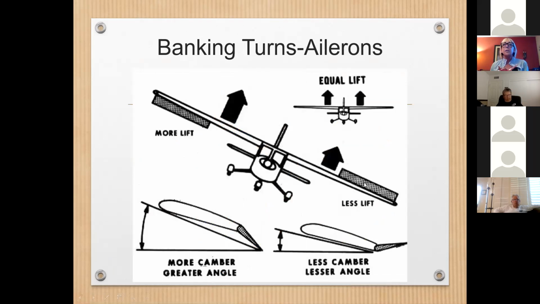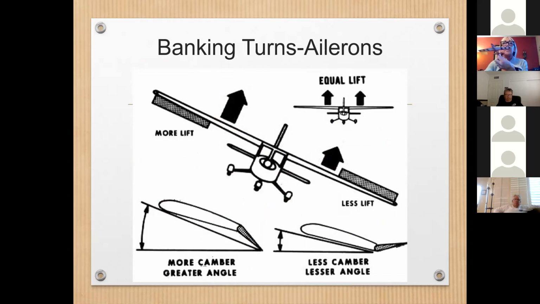Okay, now he's turning the opposite direction. So now we have this aileron up and this aileron down. So now we're going to be banking this way. We have more lift on this wing and drag on this wing. So the plane's going to bank like this.